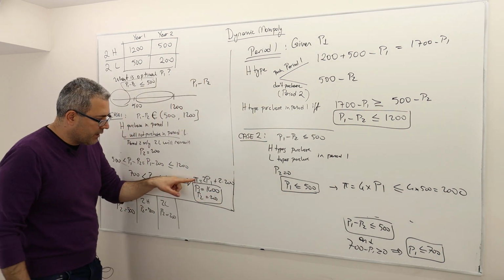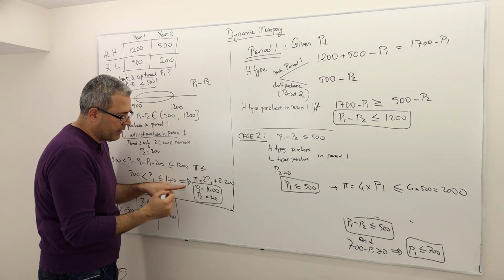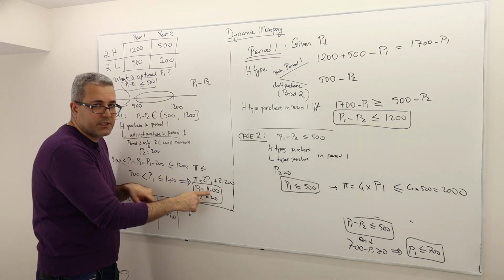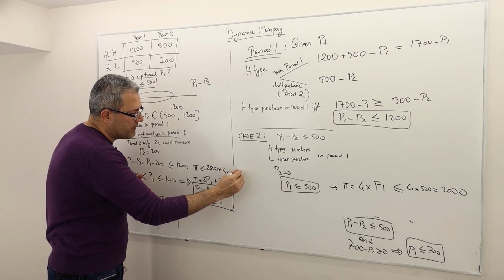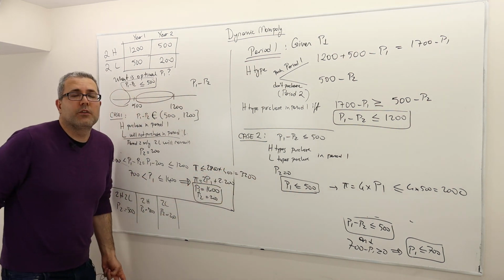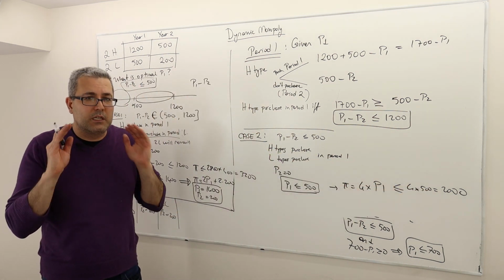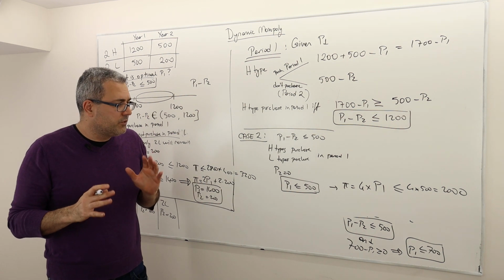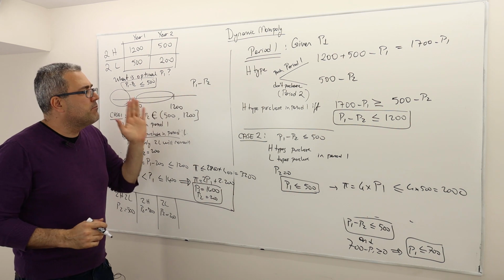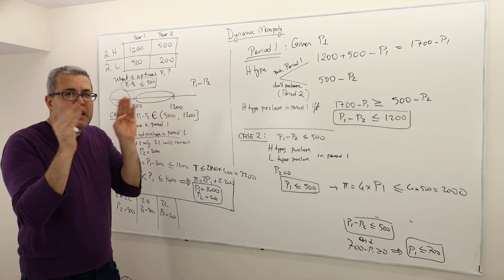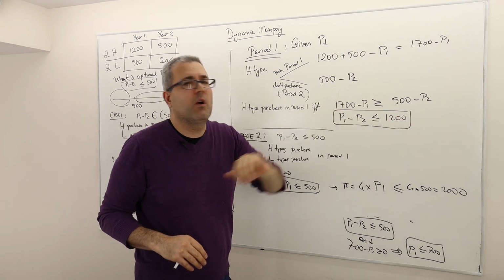And this profit can be at most 4 times 500, which is 2,000. But don't forget, here the profit is at most 2 times P1, which is 1400, 2800 plus 400. So this is 3200, which is higher than 2000. What does that mean? The conclusion. The conclusion is the following. In equilibrium, P1 minus P2, the difference between P1 and P2, must be less than or equal to 1200.